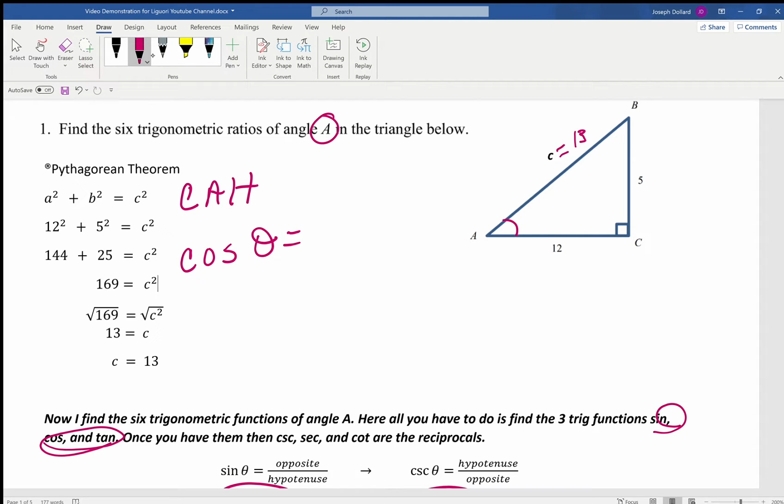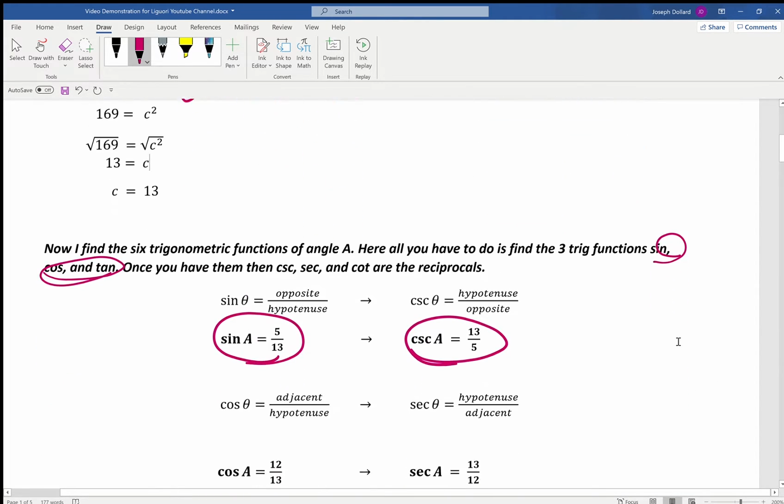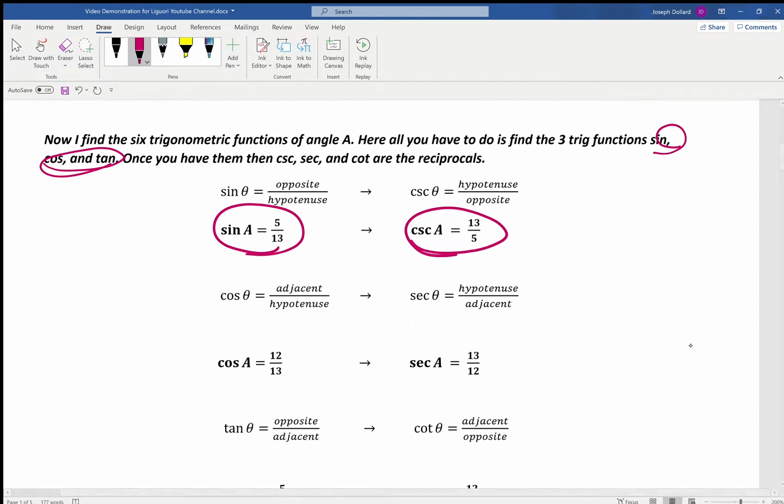The A stands for adjacent, and adjacent is 12, all over the hypotenuse, which of course is 13. Voila. So cosine of A is 12 over 13, and its reciprocal function, secant, is just 13 over 12.